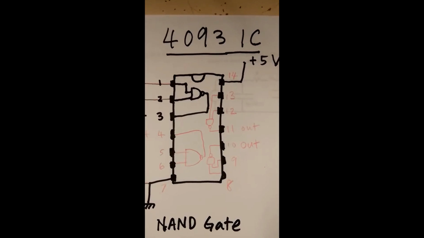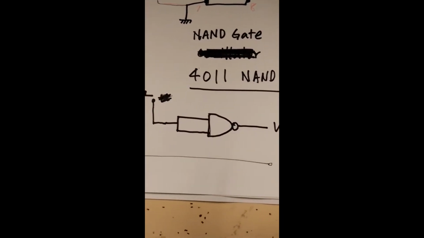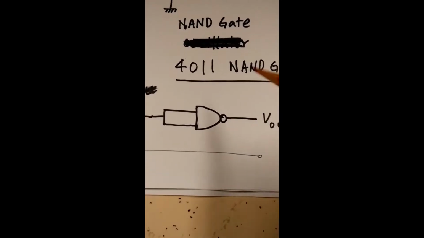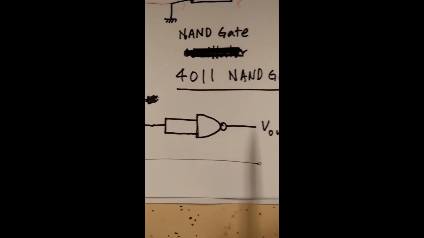Now, we have learned the NAND gate last time. What's the difference? That was the 4011.